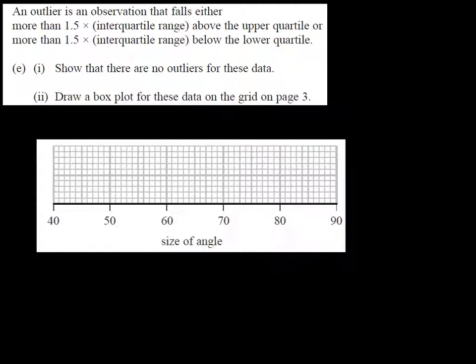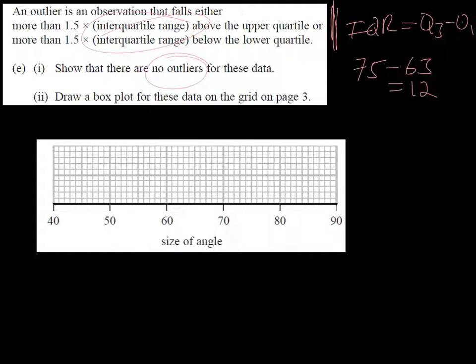In part E, we're asked to show that there are no outliers, and we're helpfully provided here with the information that we need to find an outlier. So here we're going to use the fact that an outlier is defined as something that is more than 1.5 times interquartile range above the upper quartile, or more than 1.5 times interquartile range below the lower quartile, sorry.